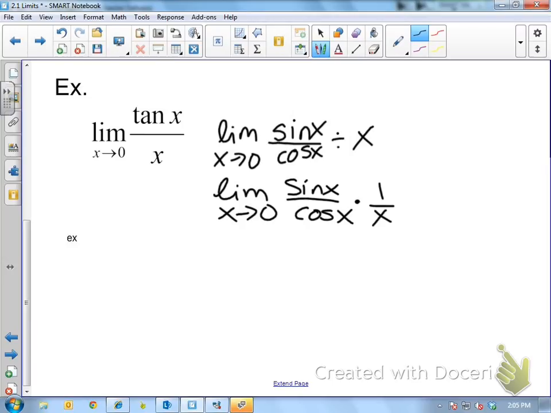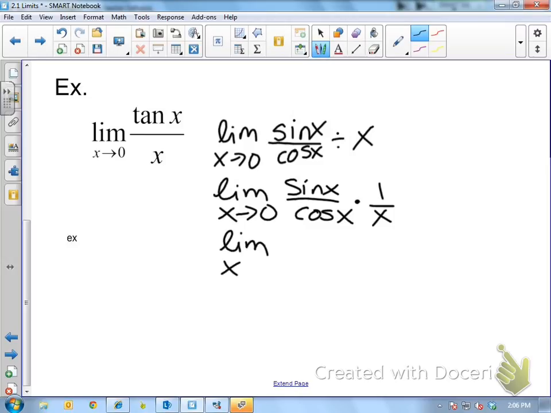Which one is this like of the things we're supposed to memorize? Sine x over x. So when we're multiplying fractions, I can rearrange the top however I want, I can rearrange the bottom however I want, and it's still true.